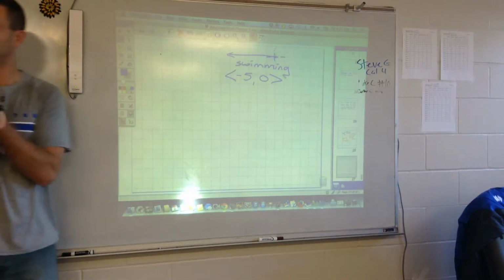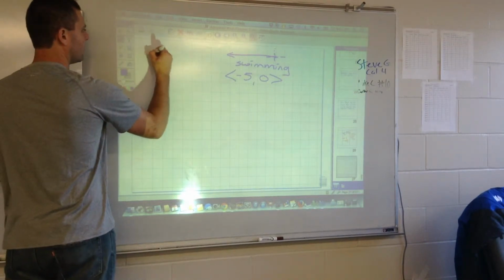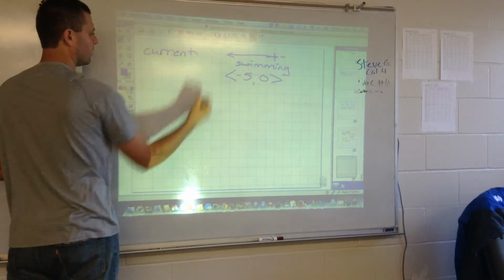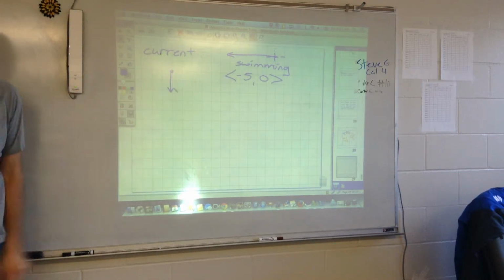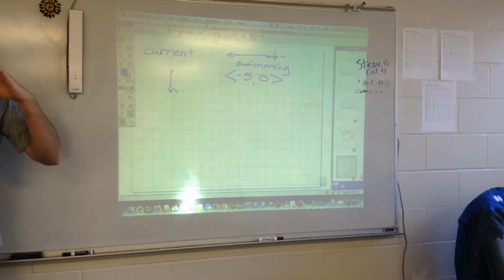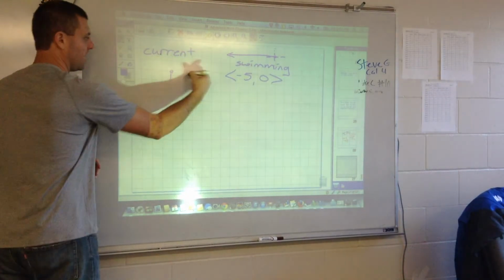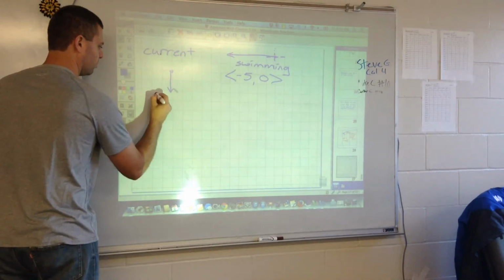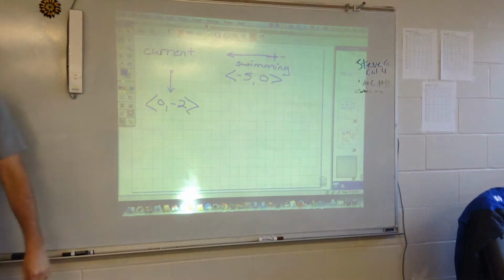You guys are already resulting them, basically. But the current by itself is simply this, right? Which would be what? 0, negative 2, right? Because it's going 0 in the x direction, but it's going negative 2 in the y direction. Okay?